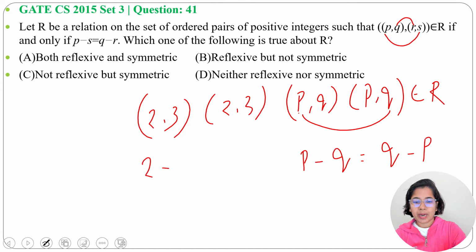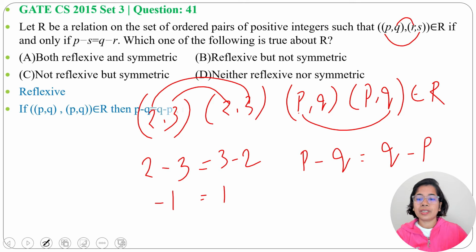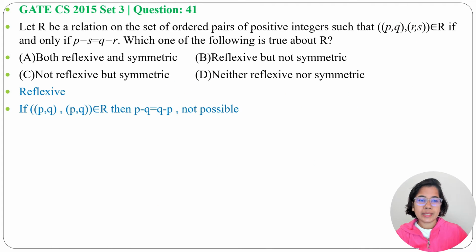So 2 minus 3 equals 3 minus 2? 2 minus 3 is minus 1, 3 minus 2 is 1. Both are not equal. Hence the relation is not reflexive, and (P, Q), (P, Q) doesn't belong to the relation.